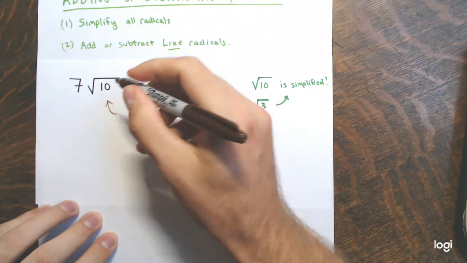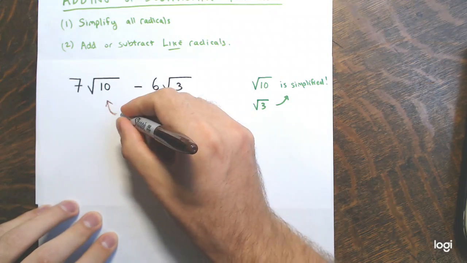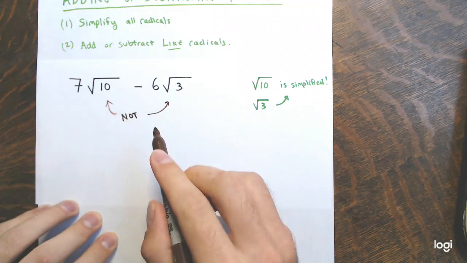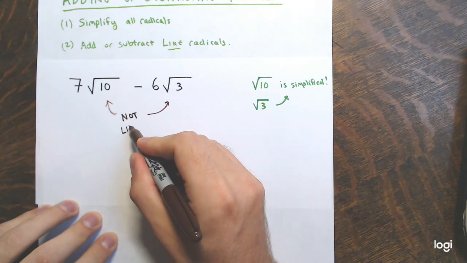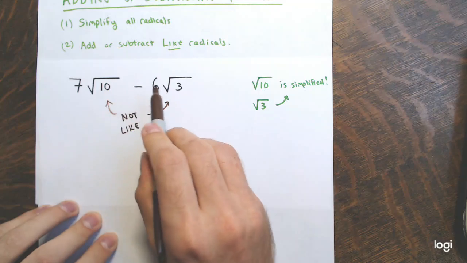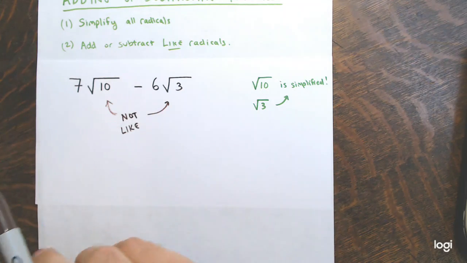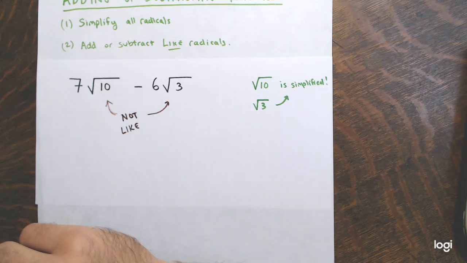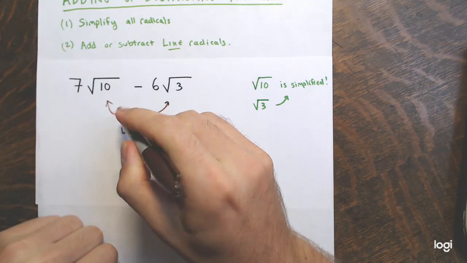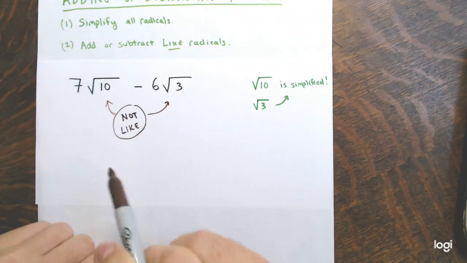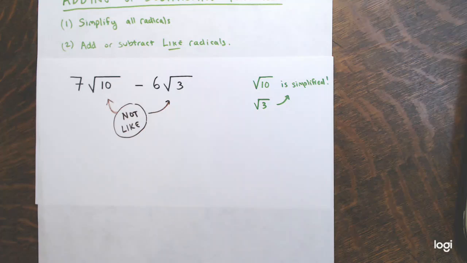Well, look at these, these are not like. They're both square roots, sure, but they have different radicands. One is a 10, one is a 3. So the radicals can't be simplified any further, and the radicals are not like.